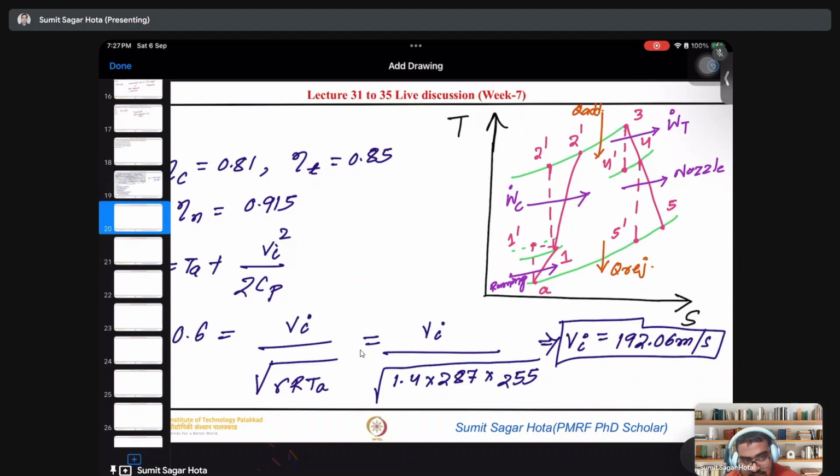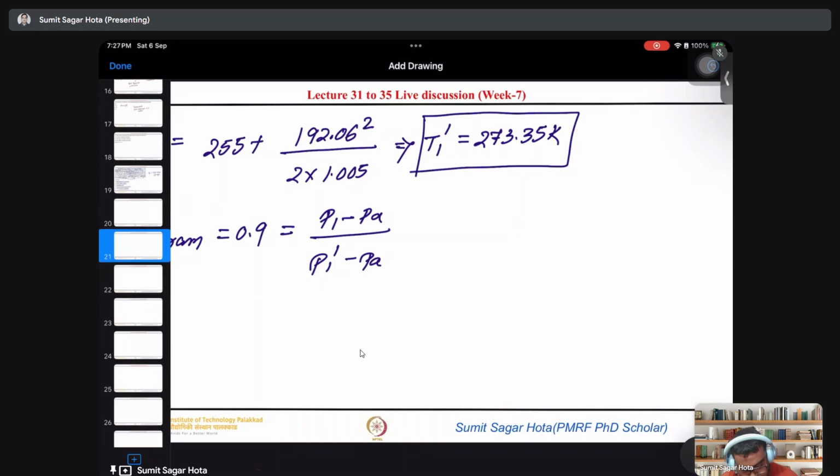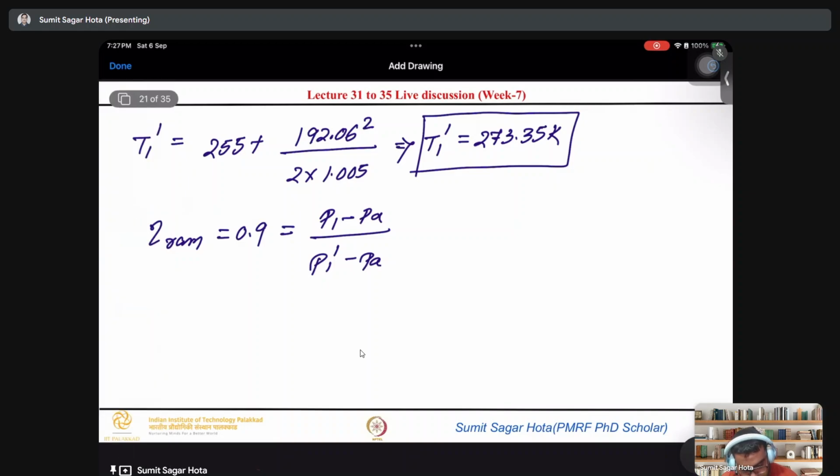The dash always represents the ideal case, and without dash or prime is always the actual case. So it's actual to the ideal. That's the reason it's less than 1.